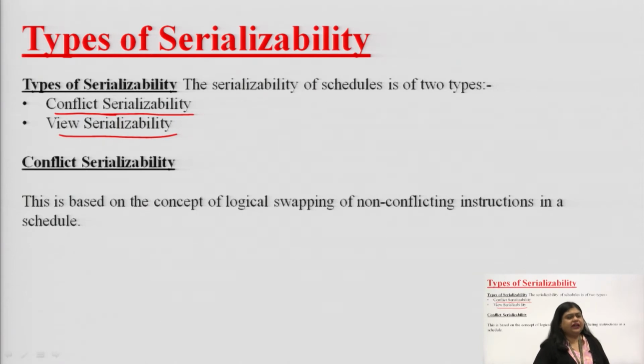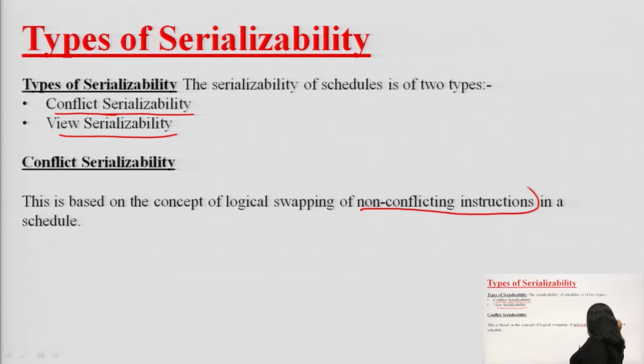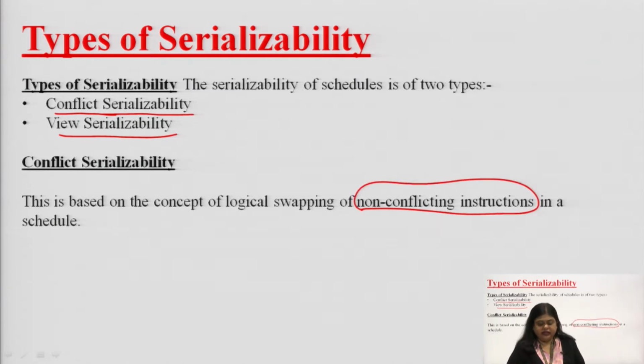We say that we are achieving conflict serializability. Before we get into more details, one term we are talking about is swapping of non-conflicting instructions. Now, what are non-conflicting instructions?